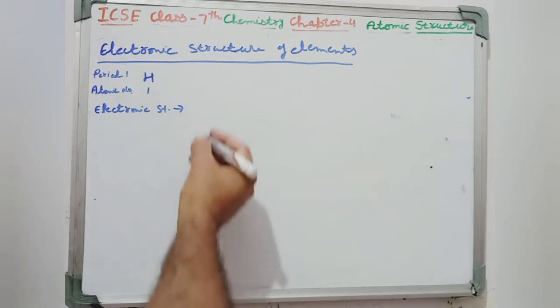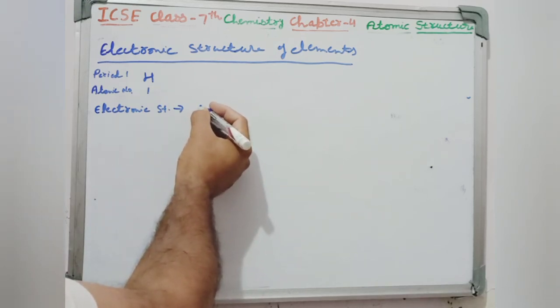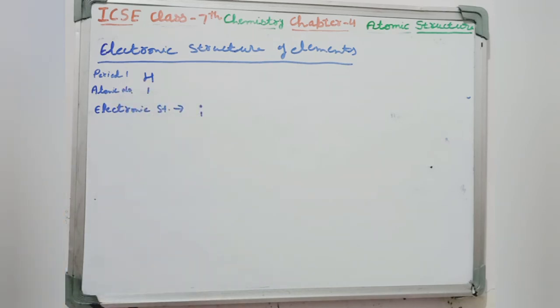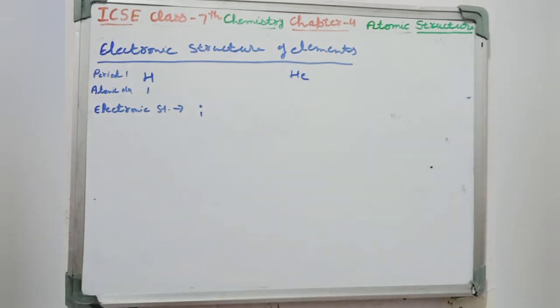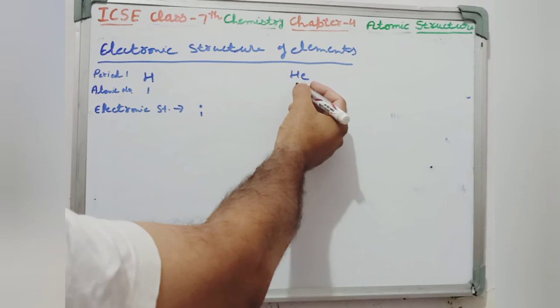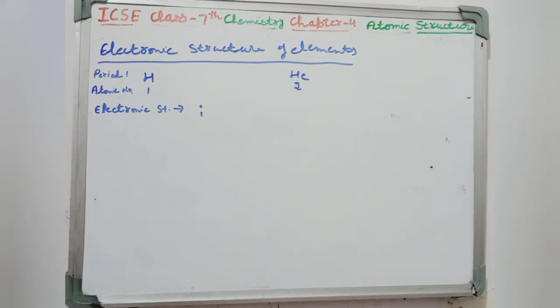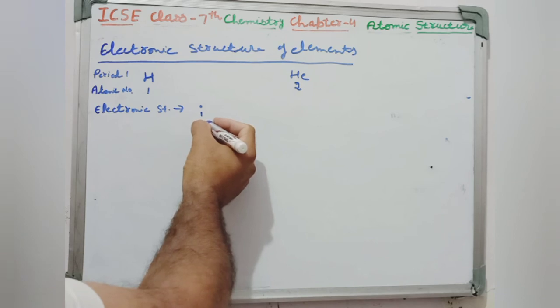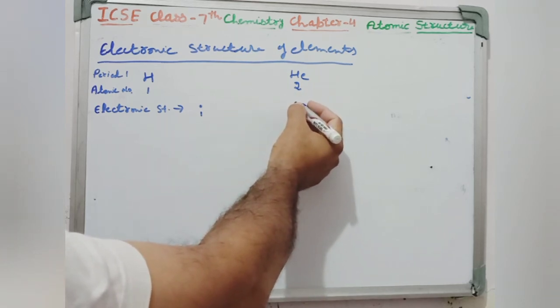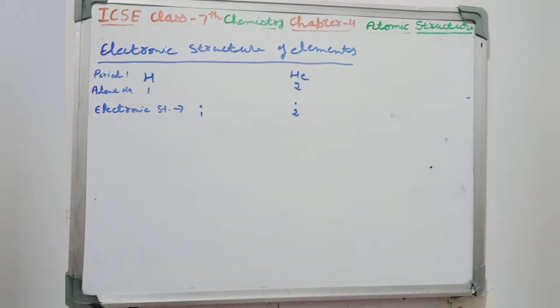You can show it by just putting 1 dot, as it has only 1 electron. Right? Now the second is helium. Atomic number is 2. Electronic structure: the 1 electron is in the K shell. Now helium has 2 electrons.